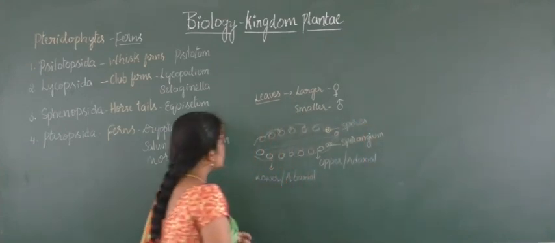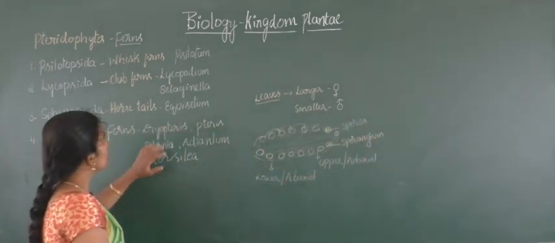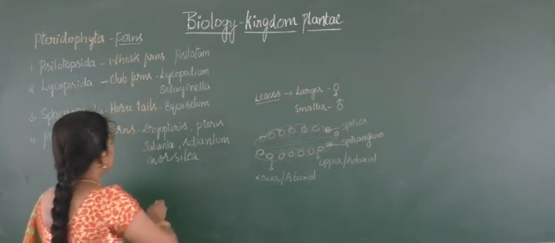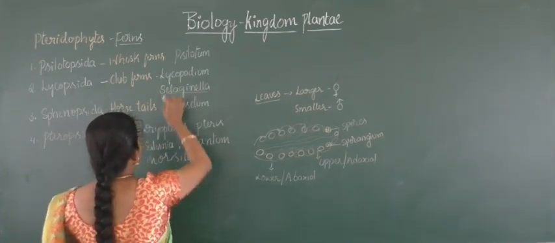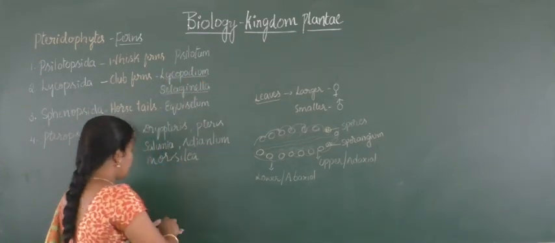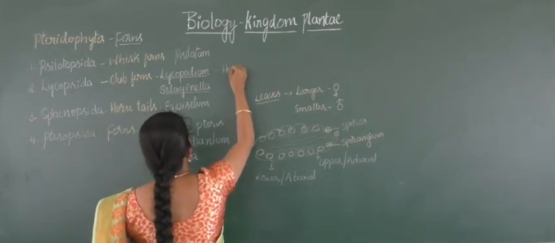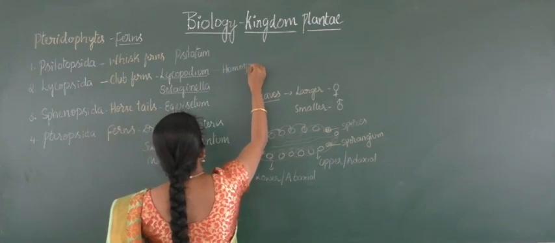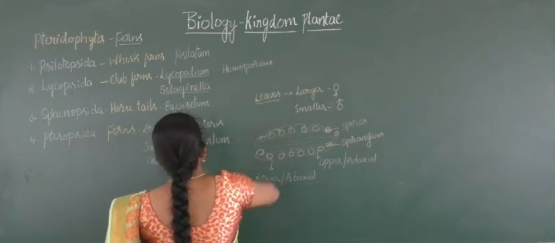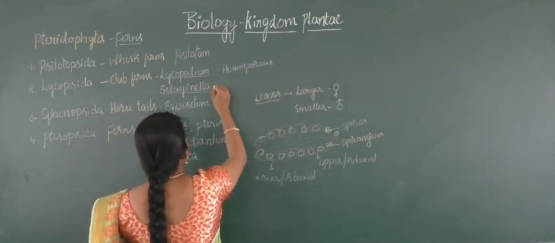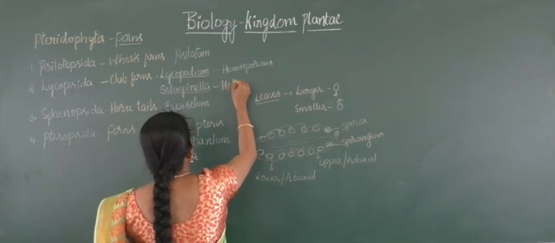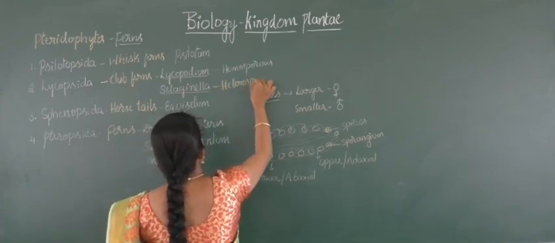In particular organisms, take Selaginella and Lycopodium as examples. Lycopodium is homosporous in nature, and Selaginella is heterosporous in nature.